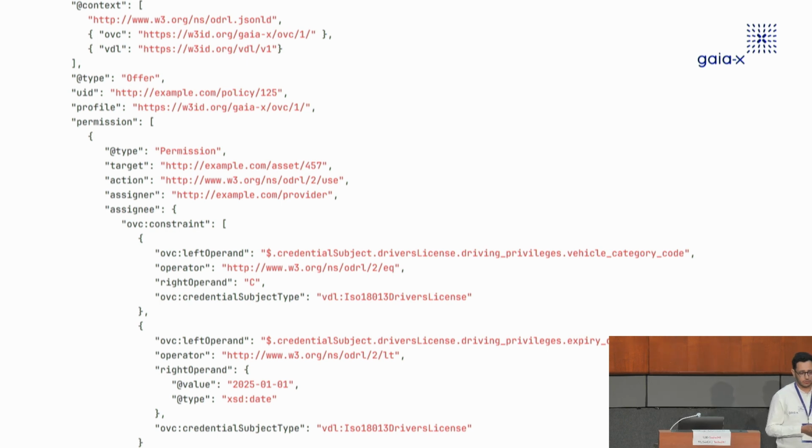Here the provider is adding a constraint for the vehicle category code, as you can see on the left operand, and the right operand is C. That means that we want the assignee, or the consumer, or the target of the policy to have a permit of type C, and that is not expired. You can see in the next part the left operand targets the expiry date that is not expired.